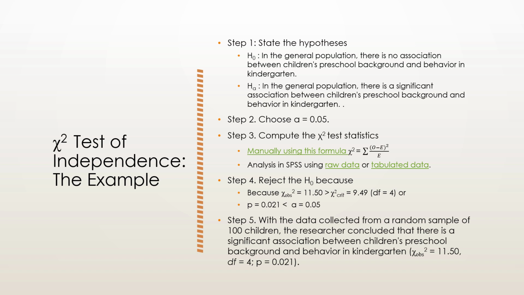The formula to compute the chi-square test statistic appears the same as in the one-sample chi-square test, which shows the chi-square observed equals the summation of the ratios between the squared residual and the expected value of each category. But the expected values are calculated differently.